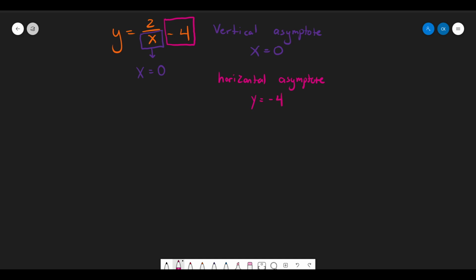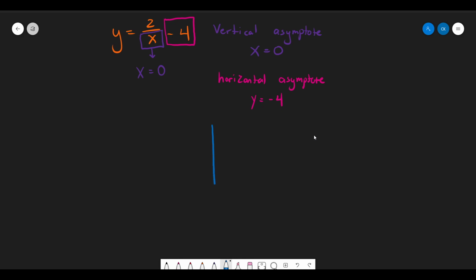There are my two asymptotes. It's as simple as that. Take the denominator, set it equal to 0. That's the x equals. Take whatever's added or subtracted to the end, set that equal to y. That's the horizontal. Now, like I said, we're going to look to graph this, but once we know where our vertical and horizontal asymptotes are, it's actually really simple to graph.